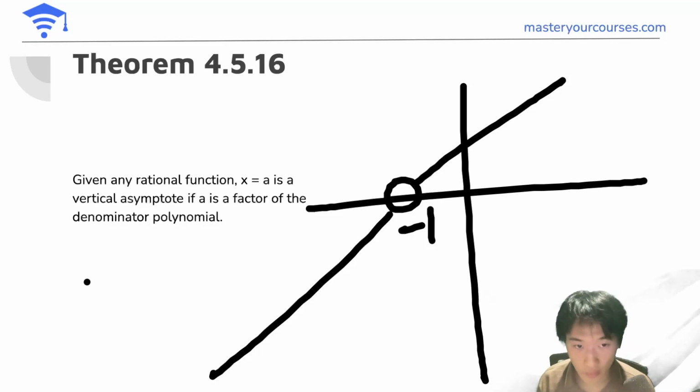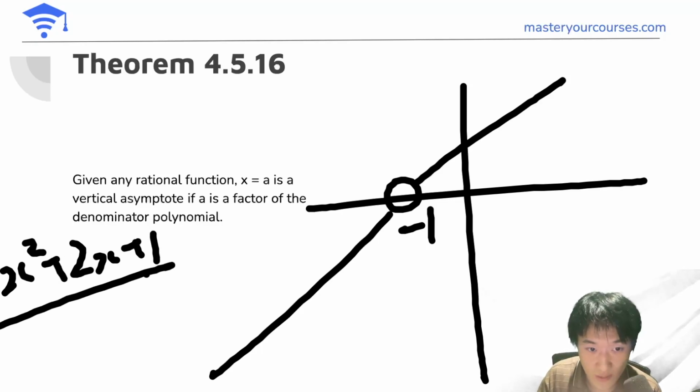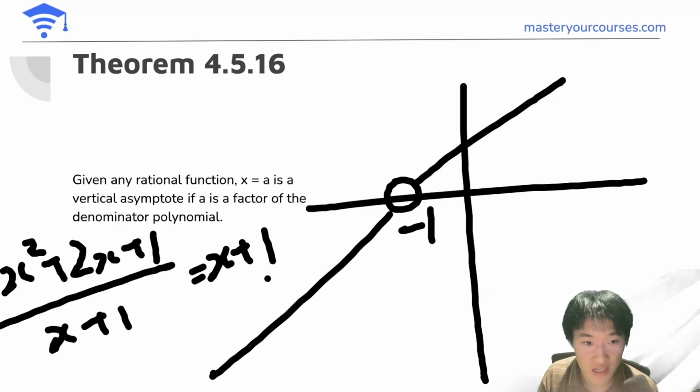But for every other point, the denominator is not 0, so the division actually makes sense. And when you divide by the x plus 1, right, we had x squared plus 2x plus 1 divided by x plus 1, we just get x plus 1. So as long as x is not equal to -1, in which case we were dividing by 0, we have x plus 1. So do we have a vertical asymptote? We don't.